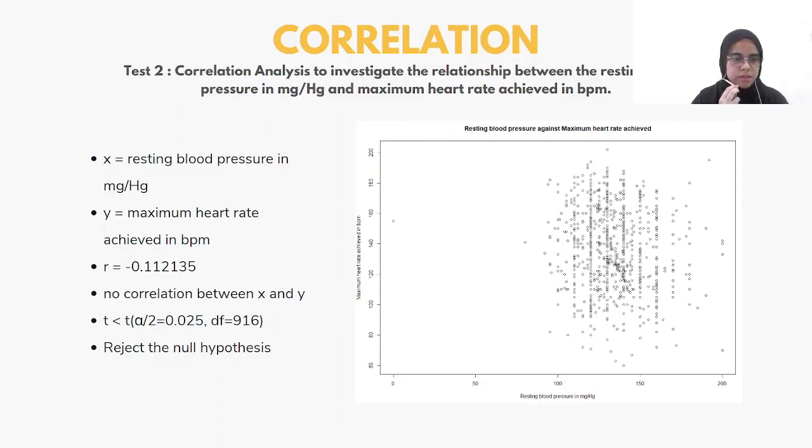The value obtained is R equals negative 0.112135, which indicates there is no correlation between X and Y. Lastly, the value of the test statistic is less than the value of the critical value, hence we reject the null hypothesis. Next, I will pass to the next presenter.